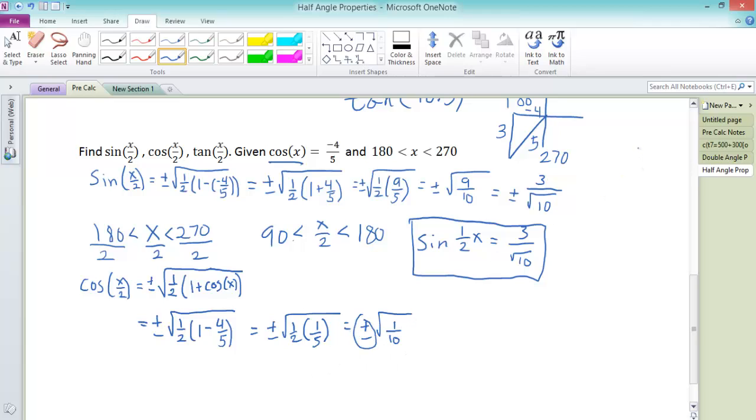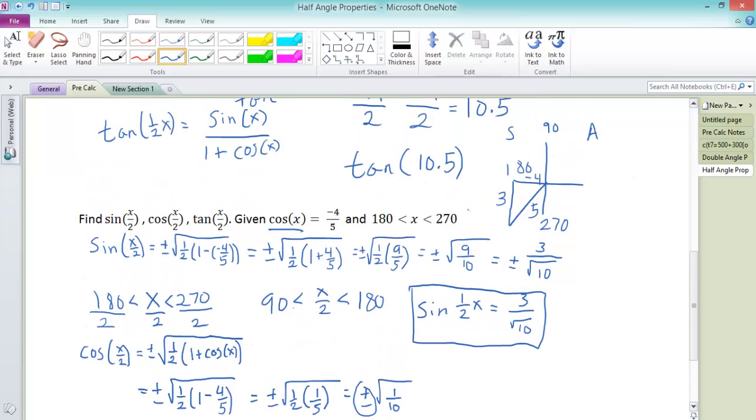Well, if we scroll back up here to our little coordinate system, I see the fact that cosine isn't sine, so it's going to be negative in the second quadrant. So I'm going to choose the negative answer. So it'd be the negative square root of 1 over 10. And actually, 1 is a perfect square, so we can write this as -1 over the square root of 10.